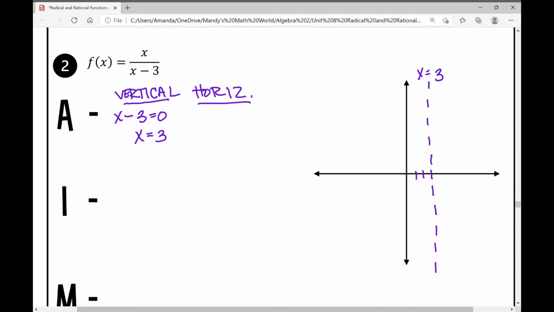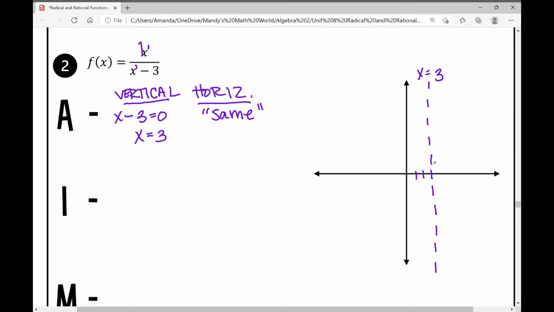And the horizontal asymptote, I can see that I actually have the same degree in the numerator and the denominator. For example, x to the power of 1, x to the power of 1, which means I've got the same. Let's go ahead and write that down so we can reference this whenever we're doing our homework. It's the same on top as it is on bottom. So the horizontal asymptote is going to be the ratio of the first terms.